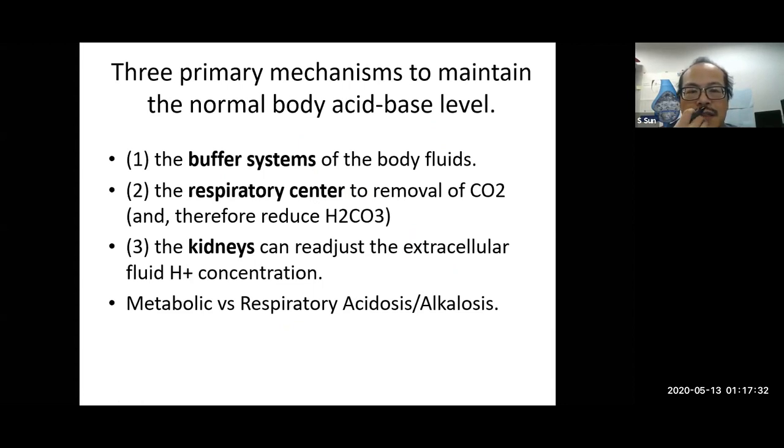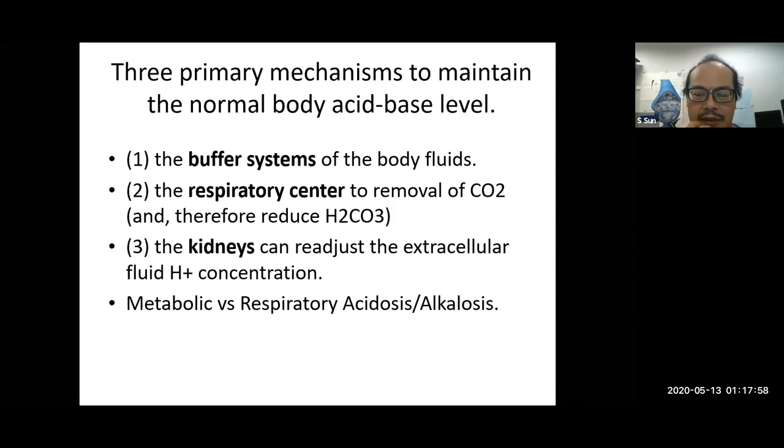So bicarbonate is, okay. Our body has several mechanisms to regulate our body's acidic level. The major three mechanisms start with the buffer system. Our plasma has this buffer system, bicarbonate.